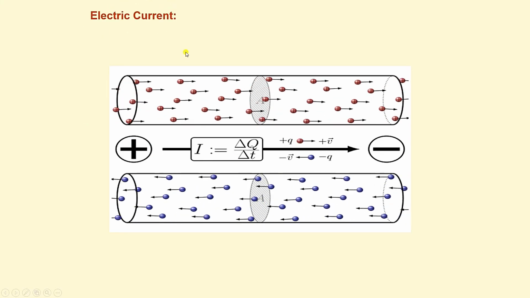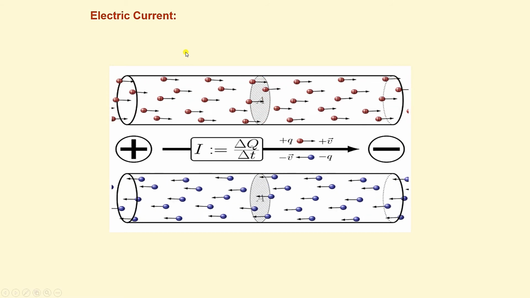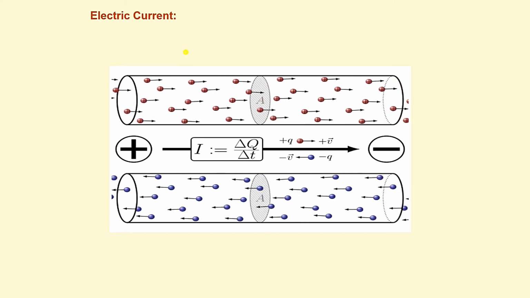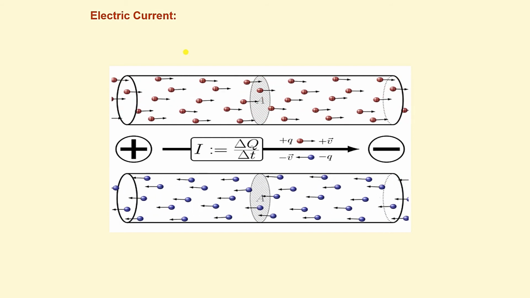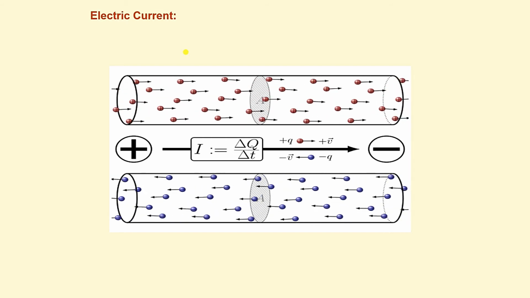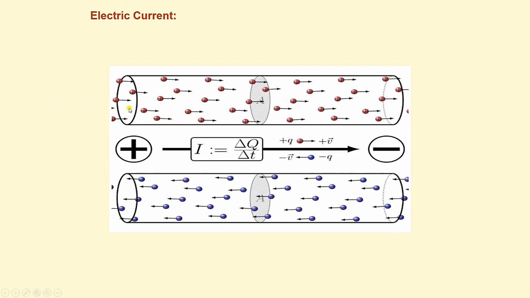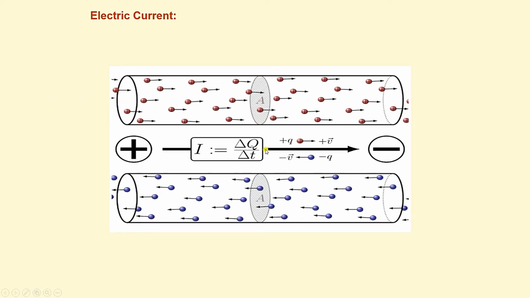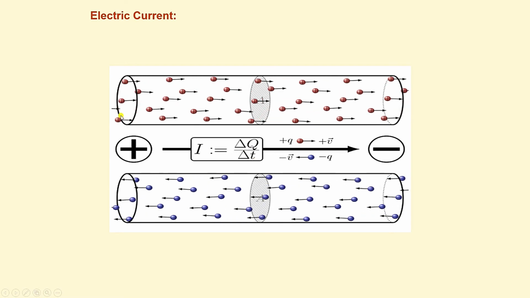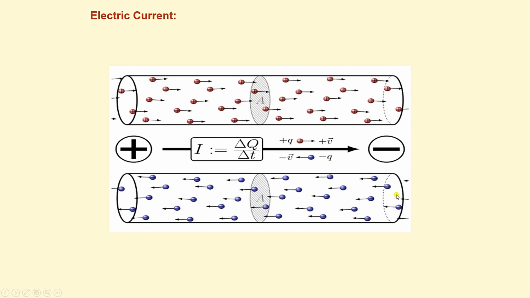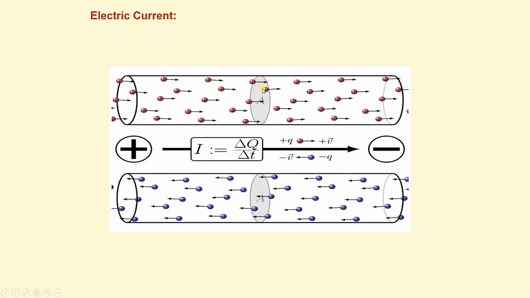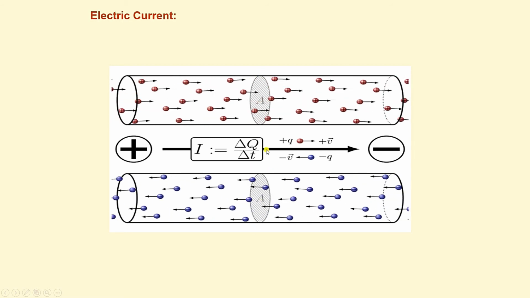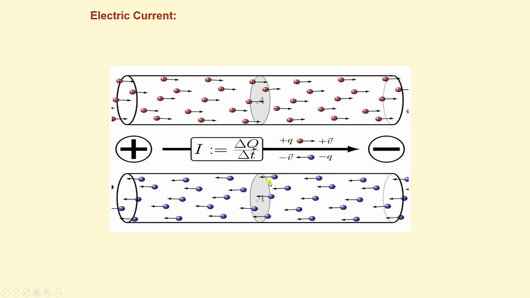Now come to the electric current. The rate at which charge passes through a cross section of the conductor is called the electric current. Here the current I is represented by dq upon dt. Positive charge is moving in this direction and negative charge is moving in this direction through any cross section A of this conductor.